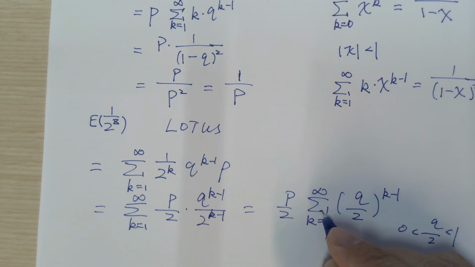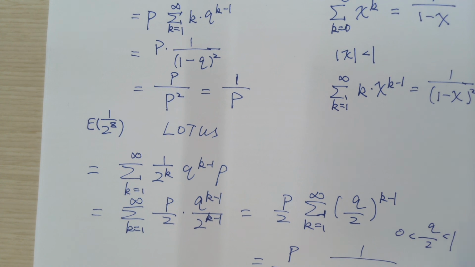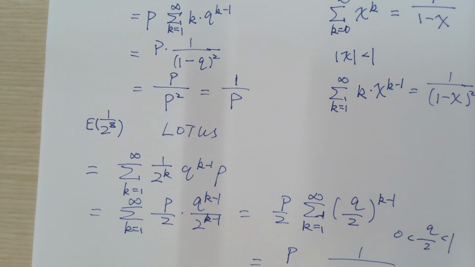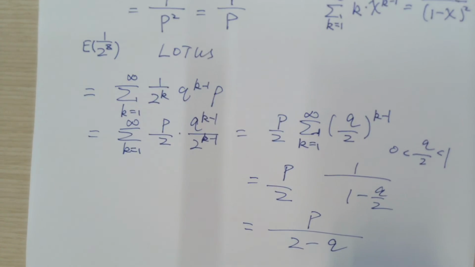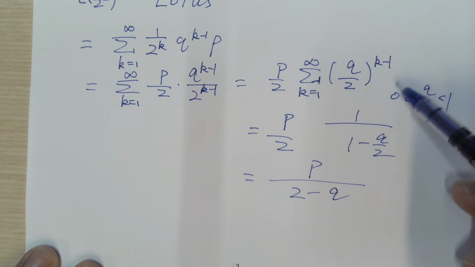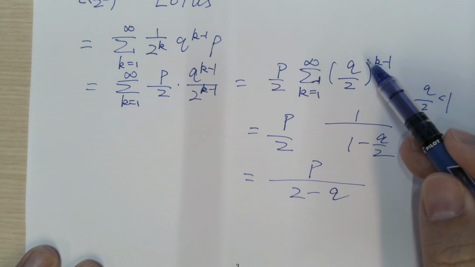So this is a perfectly geometric series, so this is going to be 1 over 1 minus q over 2. Apparently you can get p over (2 minus q). If you want to represent it in terms of p only, this part is p over 2, and this is the geometric series with first term 1 and common ratio q over 2.